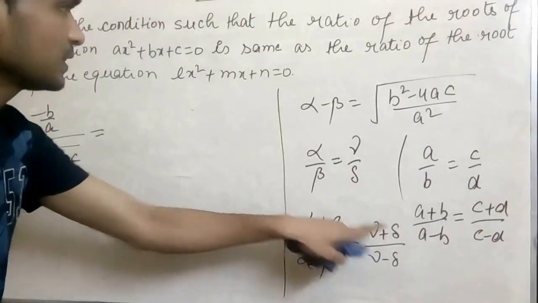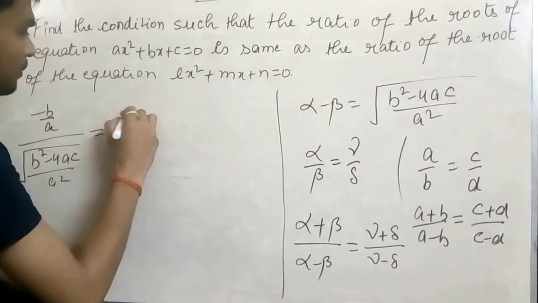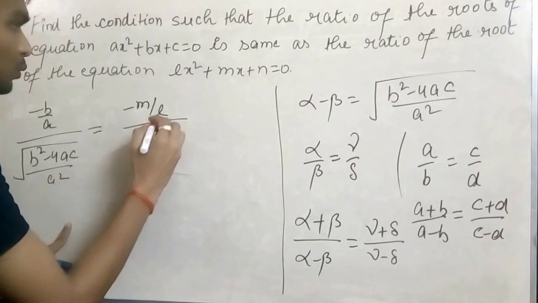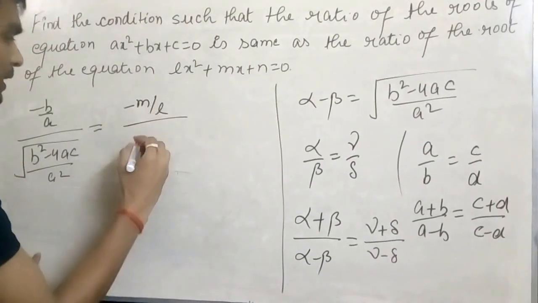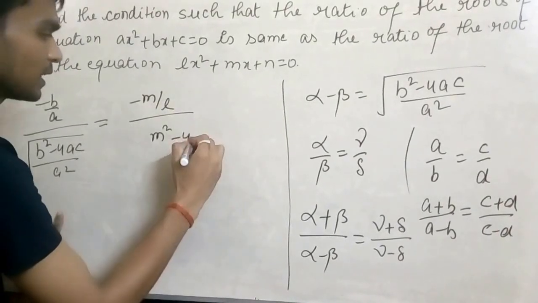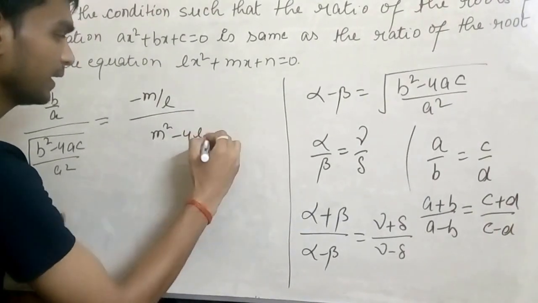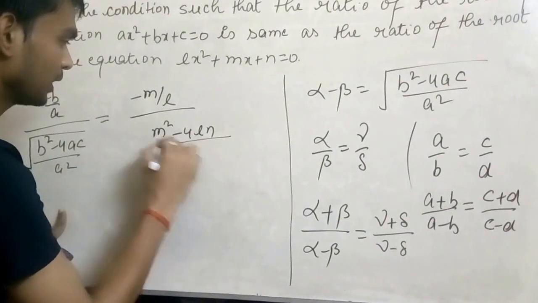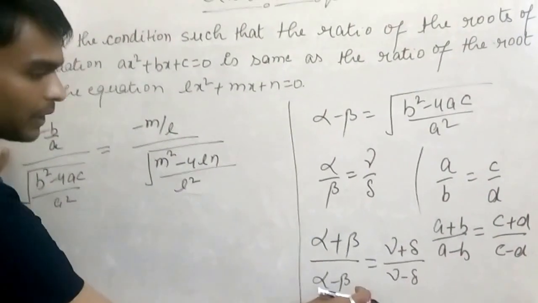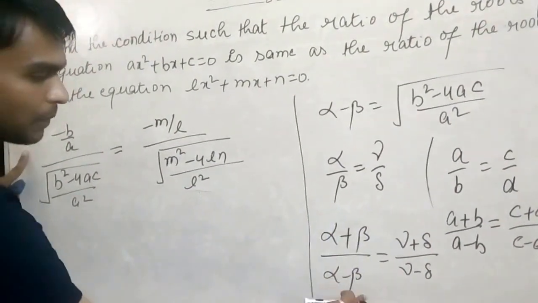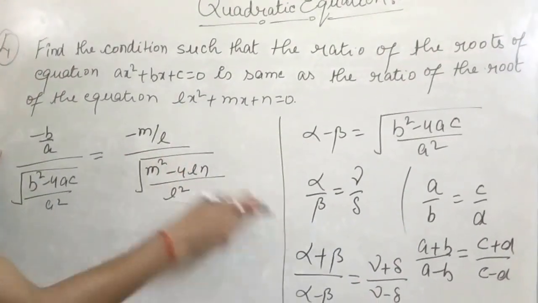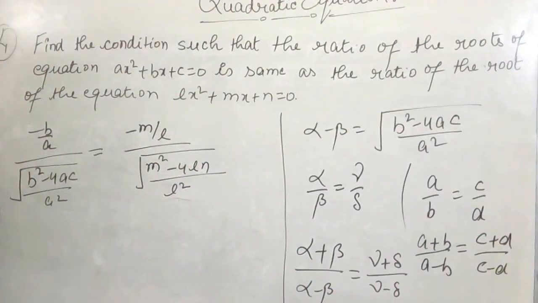Similarly, gamma plus delta equal to minus m by l, and gamma minus delta equal to root under m square minus 4ln divided by l square. Okay, so if we put these values in this equation, then we get this relation.